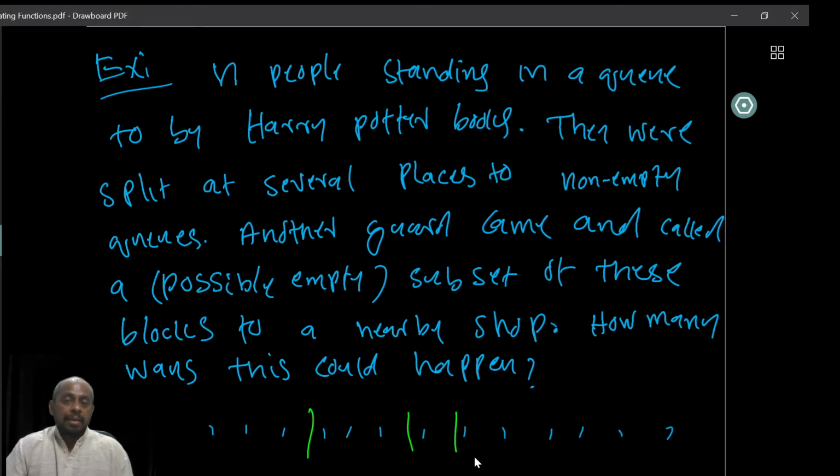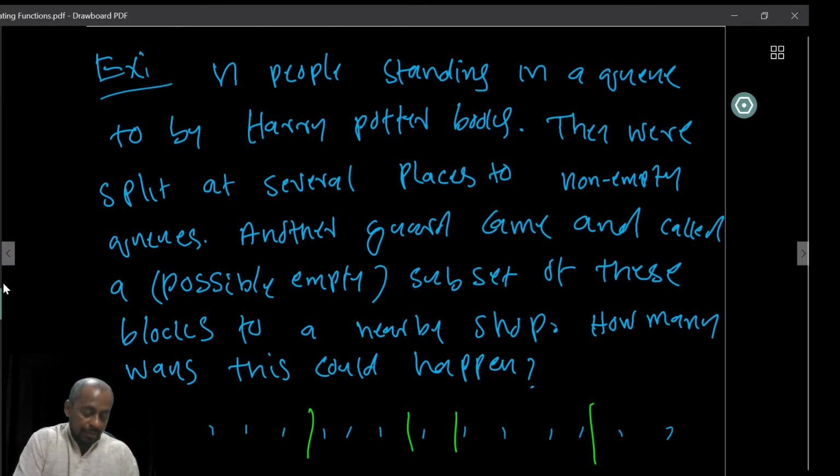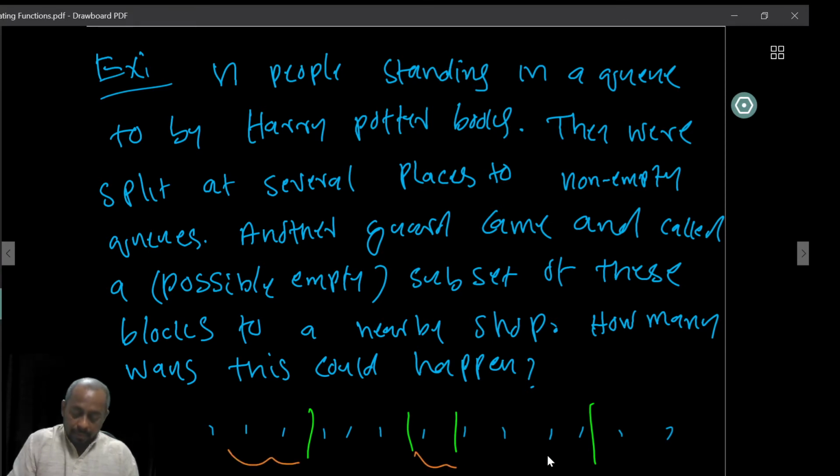some guard from another place comes and says that there is another shop where you can get the Harry Potter books. So come with me, and he specifically invites some of the subsets of these intervals. He might say, I'm calling you guys, and you guys, maybe.